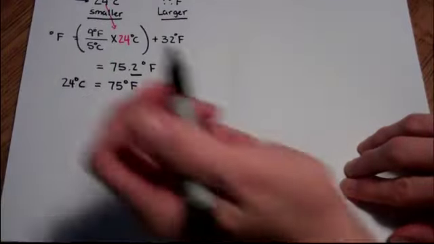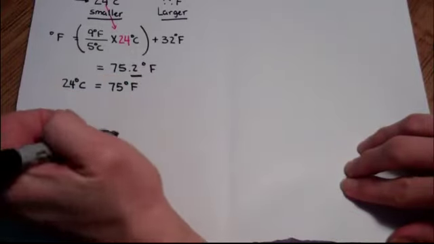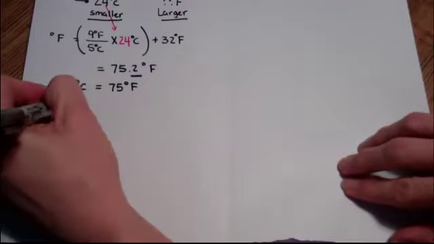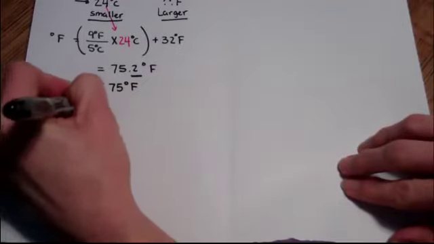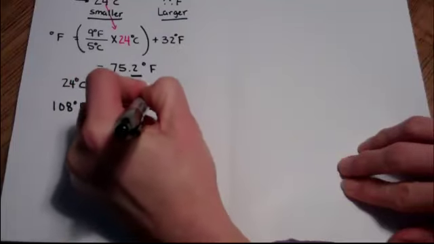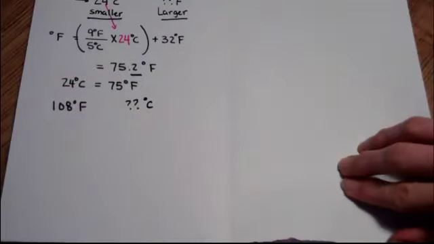This would be a nice comfortable temperature if you wanted room temperature. So if we had 108 degrees Fahrenheit, what is that value in Celsius degrees? Let's do the reverse type of equation.